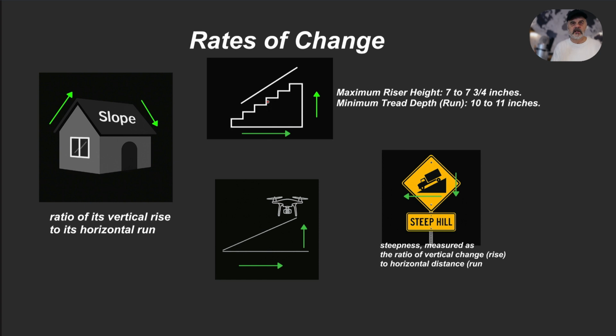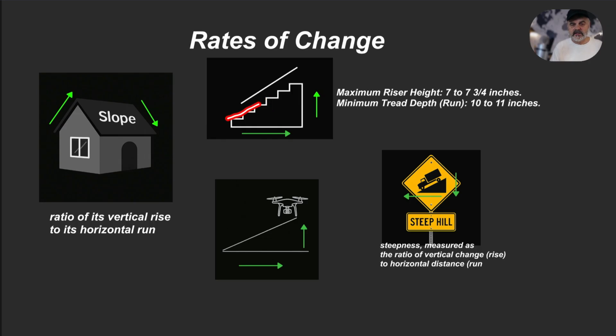Depending on where you live, the code changes, but the rate is always within certain parameters. So once you build, let's say 7 inches over 10 inches, so 7 to 10 would represent the rate of change: the vertical height versus the horizontal distance.